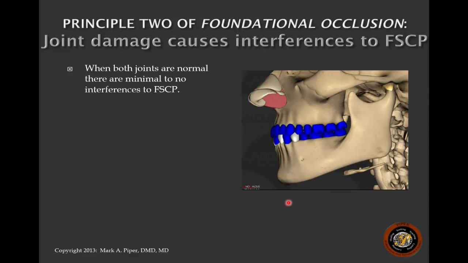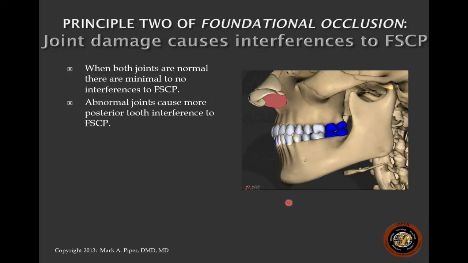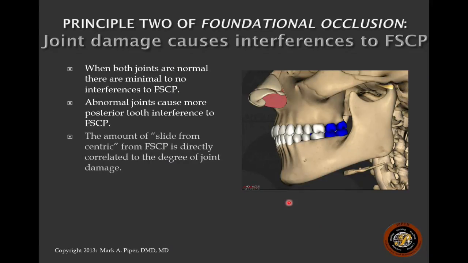All right, so let's go back through it again. Normal disc, creating an abnormal disc and this class 2 shift. Now the slide to MIP is longer. So one way of reading a bite is to read the slide from centric.